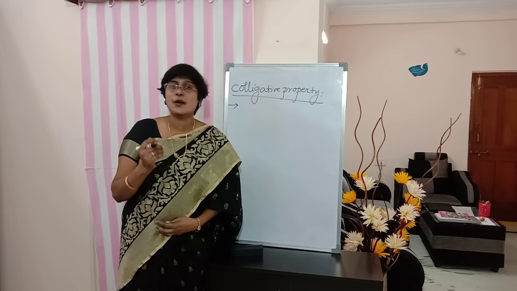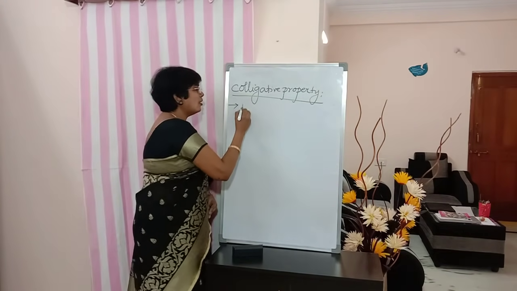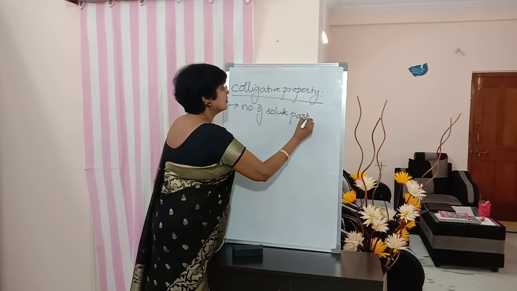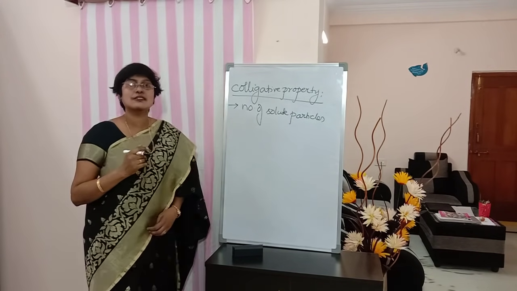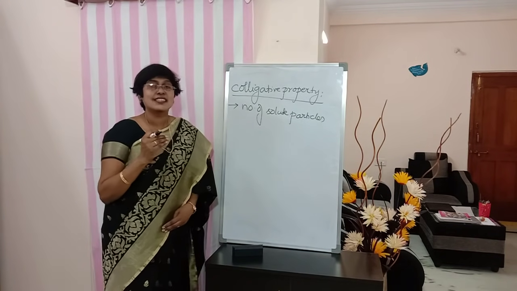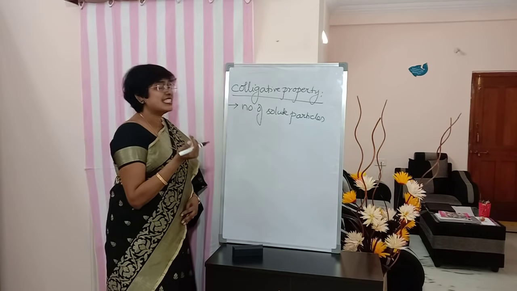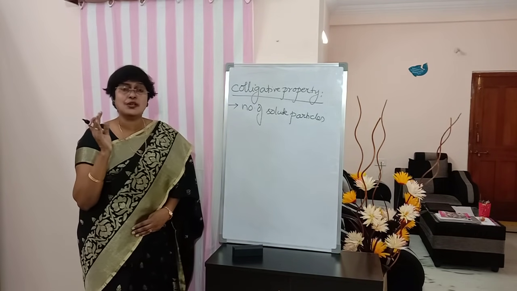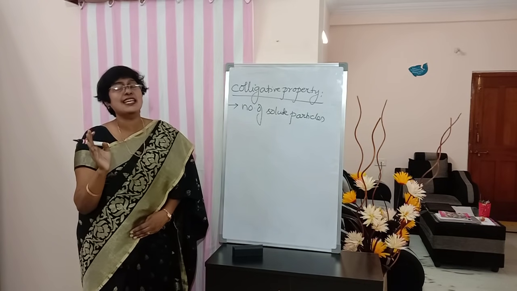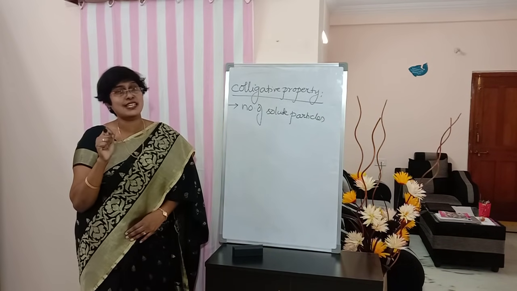It is the property of dilute solutions which depends on the number of solute particles but not on their nature. Do you remember? Right? So, we all know that the colligative property of a dilute solution is the property which depends on the number of solute particles but not on their nature. Okay, so this is the first point under abnormal colligative properties. Fine, students, remember this one.